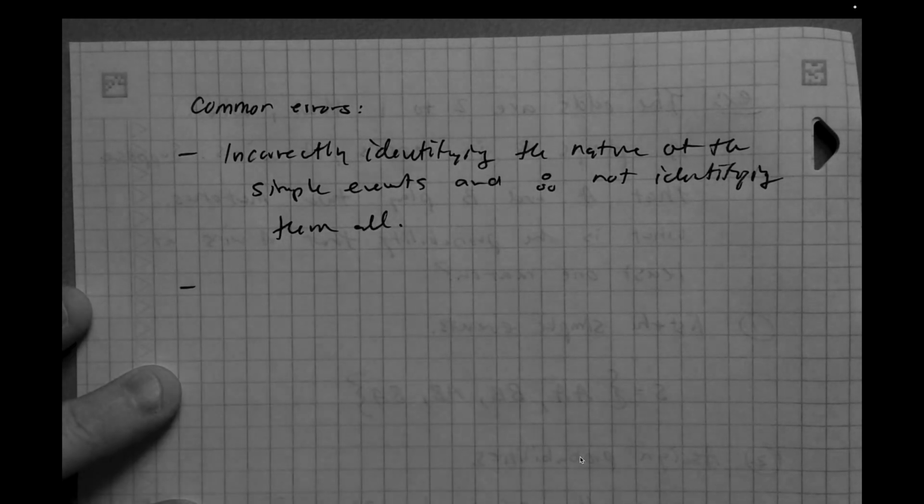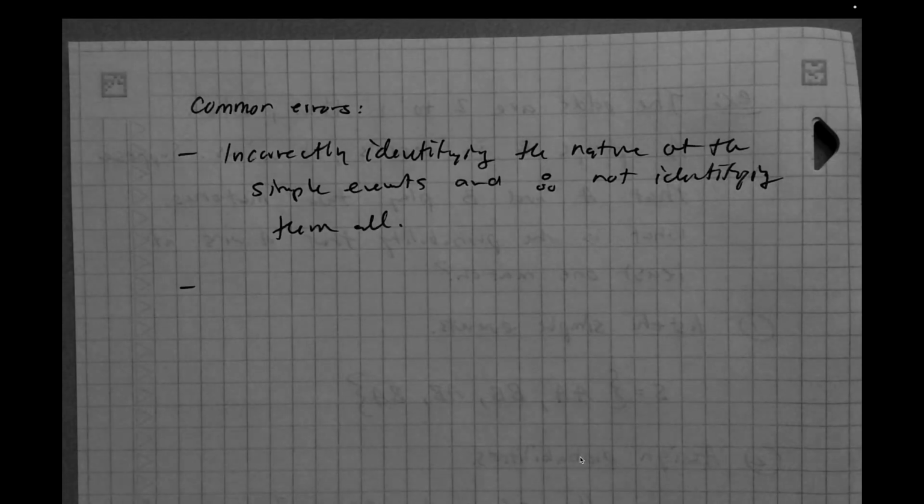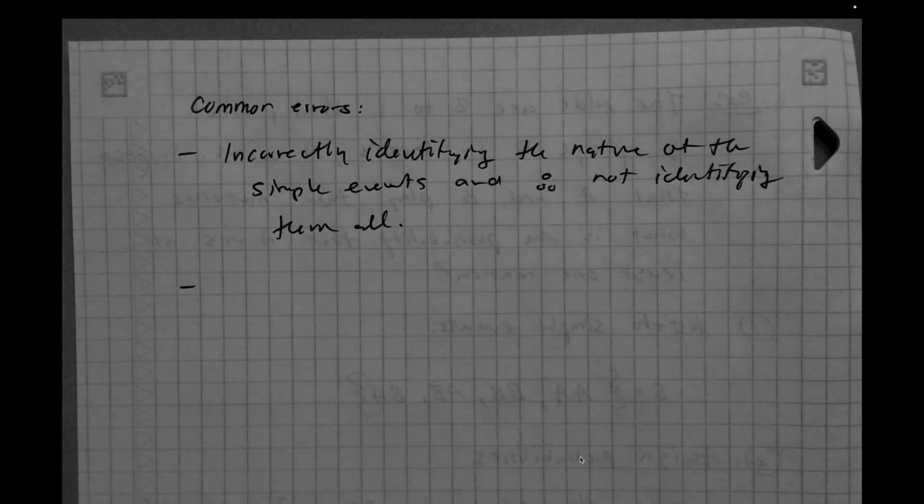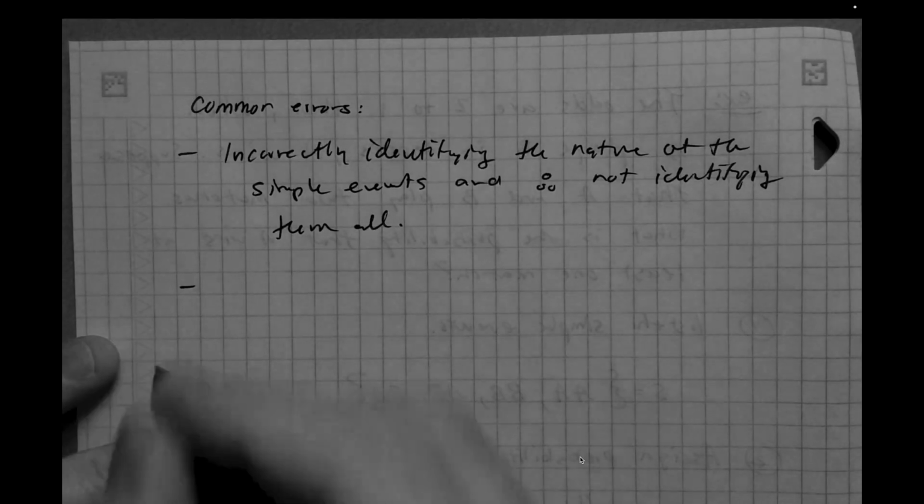Another error is that many times the sample spaces are very large. The sample space is finite, but it could still have millions and millions of things in it. And so how do we count all of those things? So another issue that comes up is miscounting the sample space.